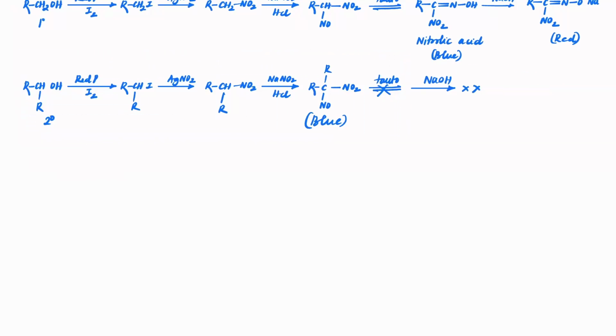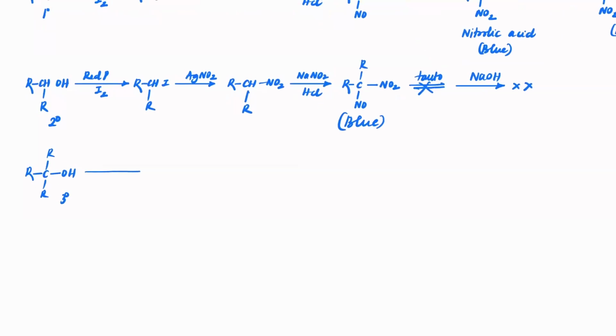Got it? Now, in case if you have 3 degree alcohol, R, R and R with OH, the reaction will take place, but these are all SN1 type now. So with red phosphorus and I2, I'll get R, C, R and R with iodide, and when you react with AgNO2, up to this everything is going smooth, same reactions, you'll get NO2.